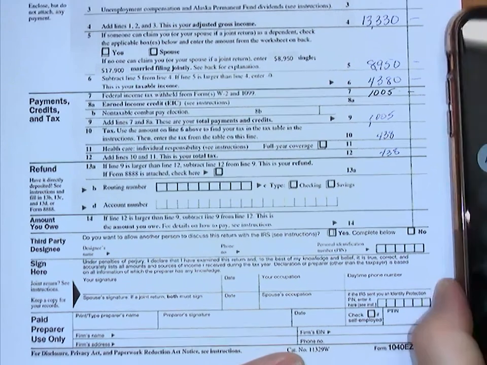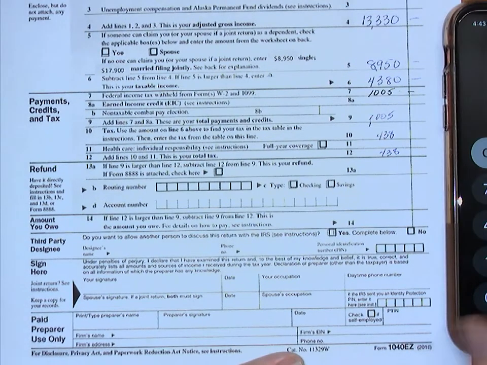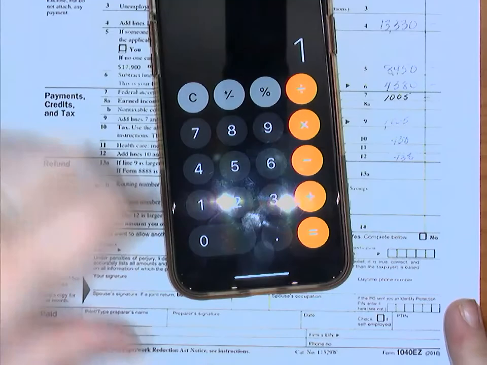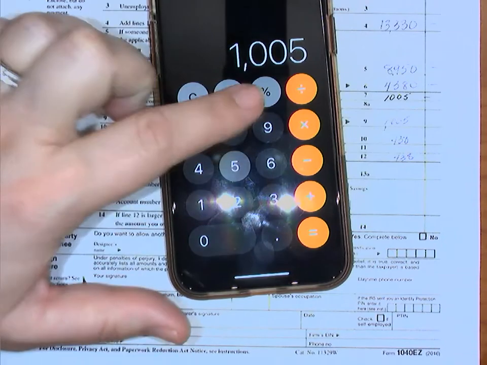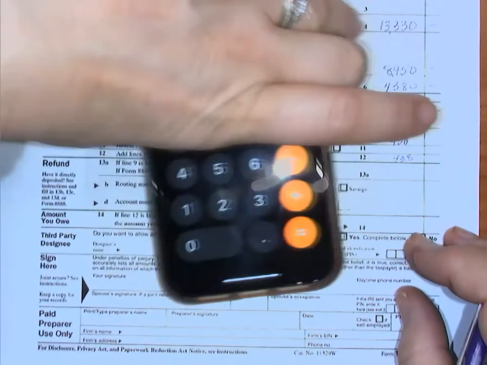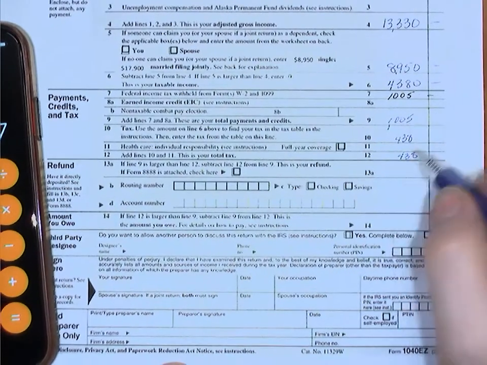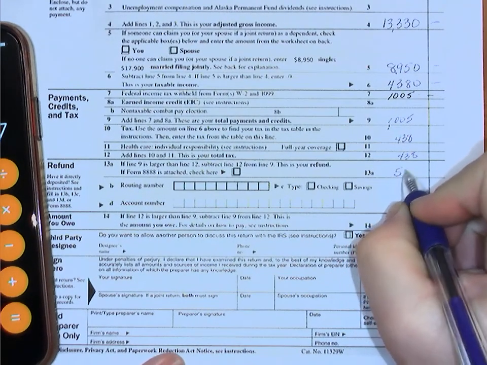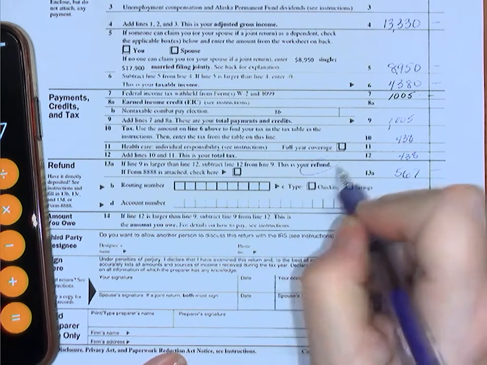Finding his refund, I'm going to take the 1,005 and I'm going to subtract the 438, and he has $567 that he's going to get as a refund.